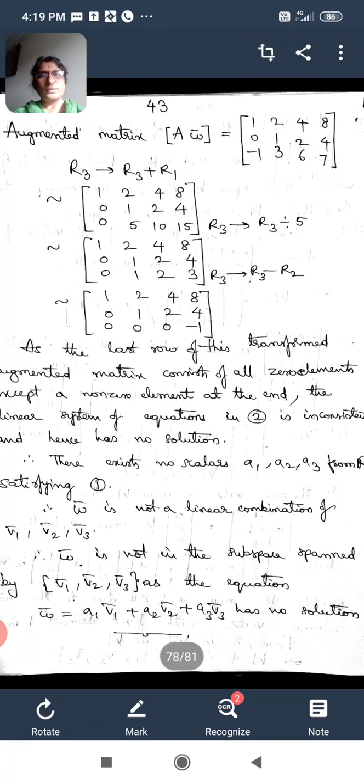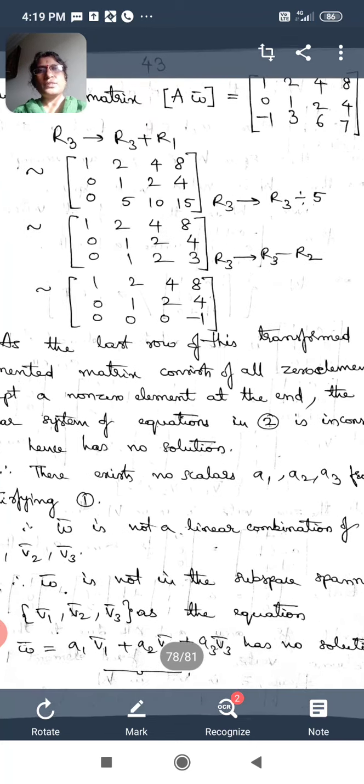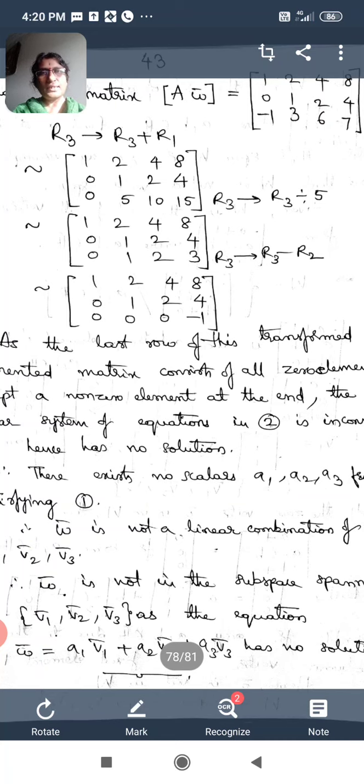Now at this juncture we want to transform this augmented matrix to echelon form, and for that we need to perform some elementary row operations on this augmented matrix. I have chosen the first row transformation as R3 goes to R3 plus R1. So I add the third row and the first row and write it in the third row.